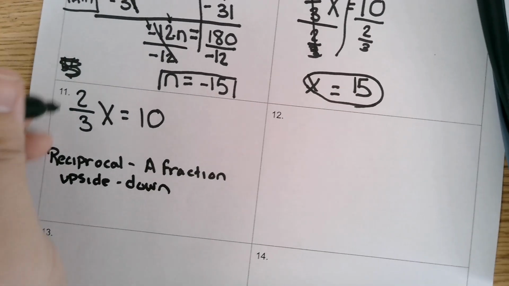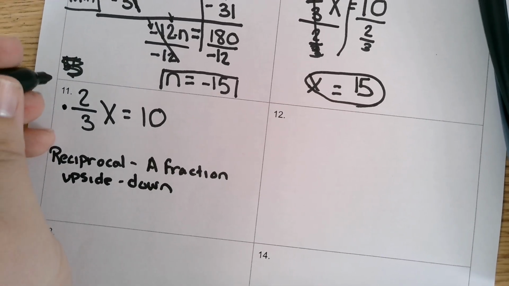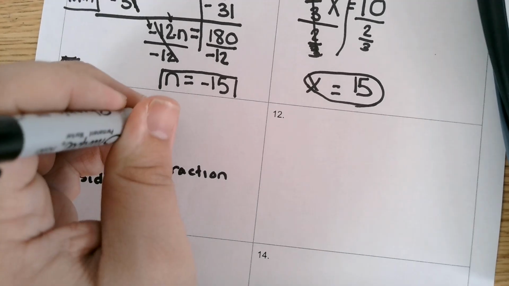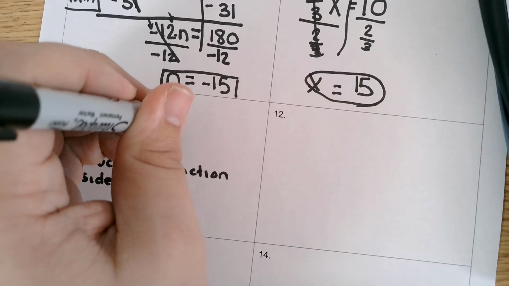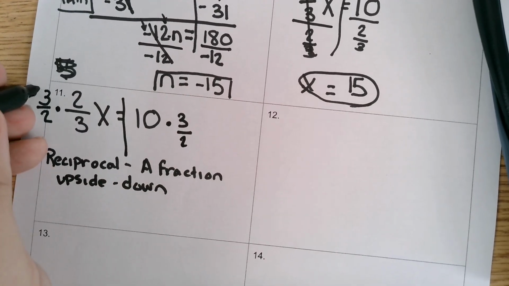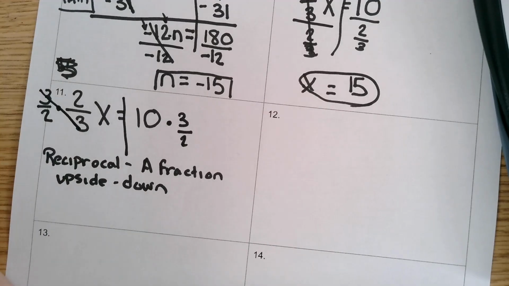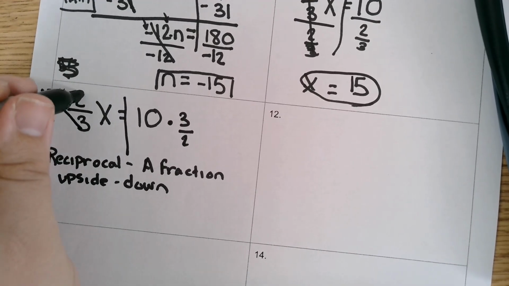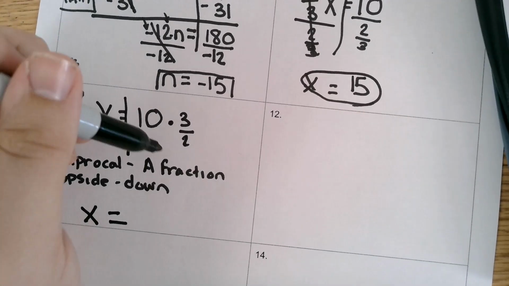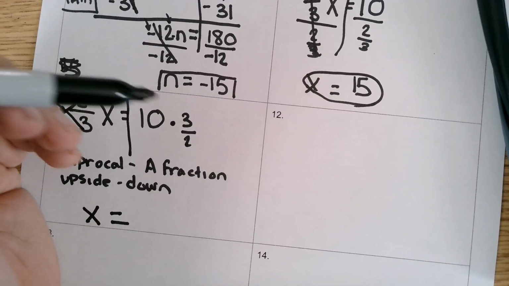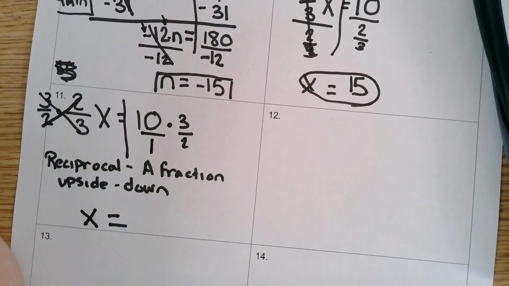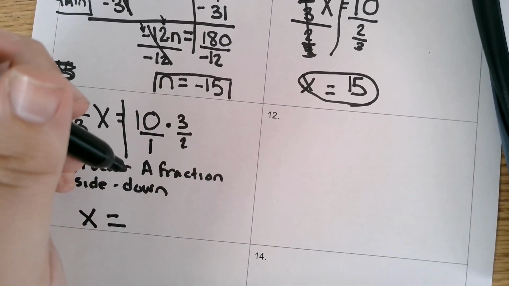So the reciprocal of 2/3, flip it upside down, would be 3/2. What you do to this side of the fence, you have to do to the other side. So these 3's cancel out by cross-canceling. These 2's cancel out by cross-canceling, so you have x equals. And you have to remember that to multiply the fraction, if you have a whole number, you put the whole number over 1, and then you just multiply across.